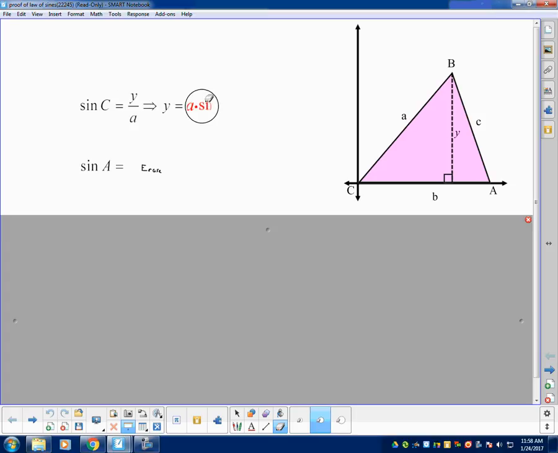So right here, we have this relationship that sine of C, here's angle C right here, is equal to opposite, which is y, over hypotenuse A. If I multiply through by A, I get the expression y equals A sine of C. Sine of A, here's A over here, is equal to opposite y over hypotenuse C. So I'm using these two adjacent right triangles.